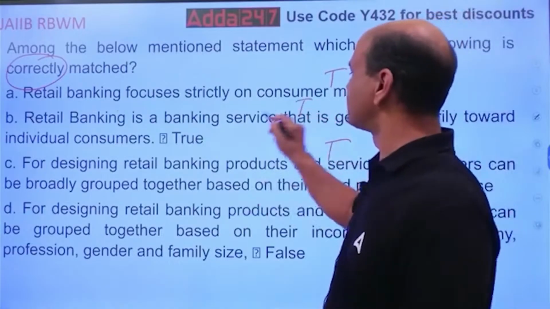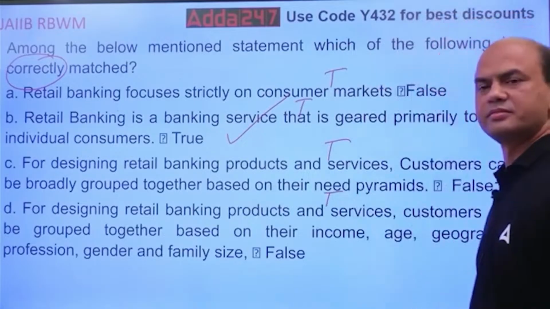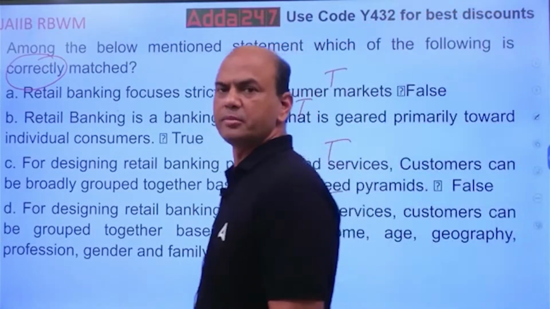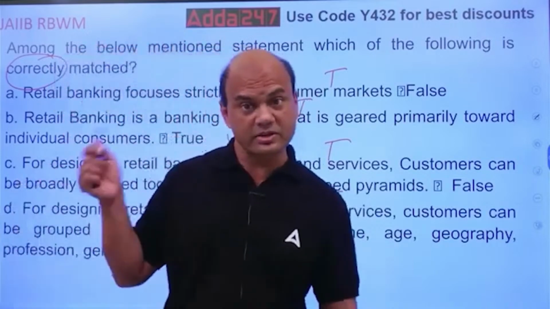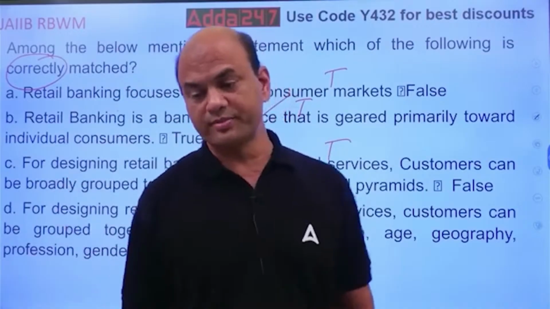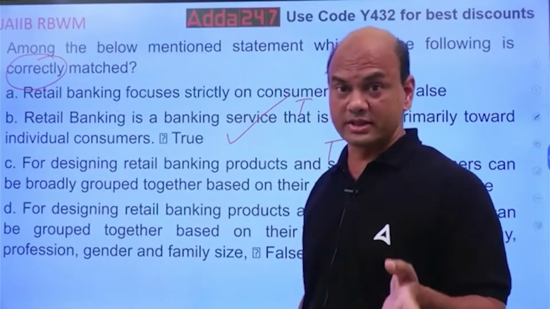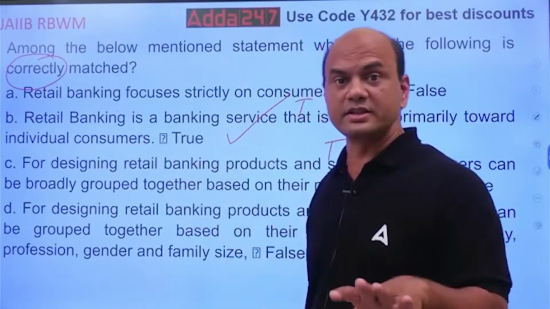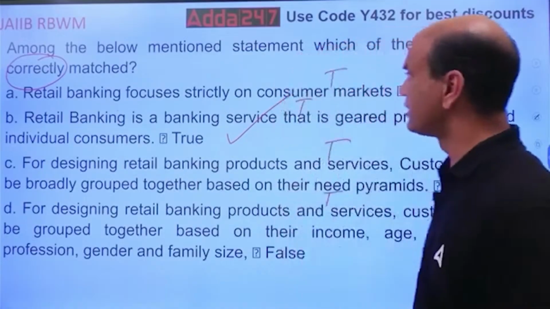Statement is true and option is true. B is the answer, isn't it? That is also important. Not only should the statement be true or false, whatever it is, if the statement is false, it should be false over here. Then also the answer is correct. Okay? Got it?